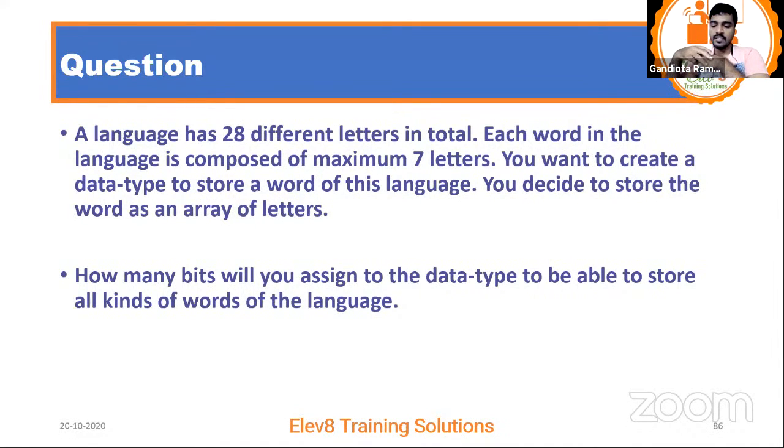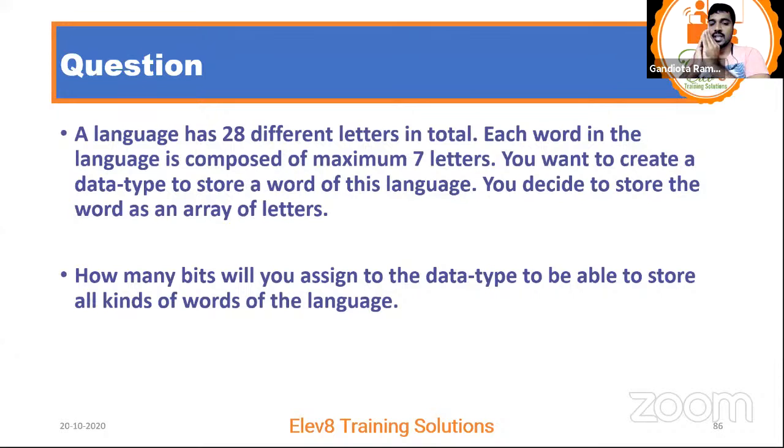Yes ma, what is the output of the given problem? So how many bits will be assigned to the data type to be able to store all kinds of words in the language? A language has 28 different letters in total. Each word in the language is composed of a maximum of 7 letters.